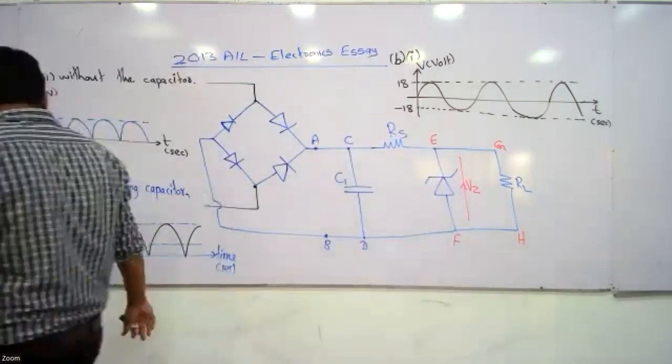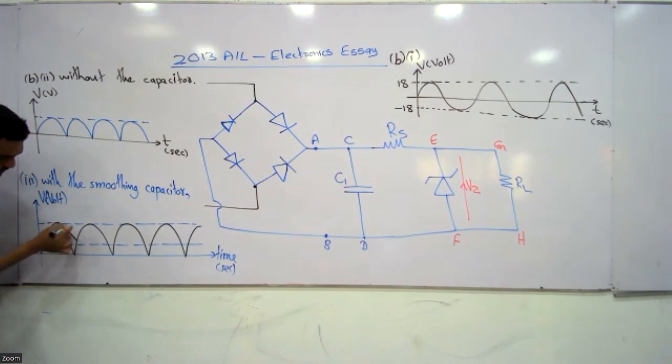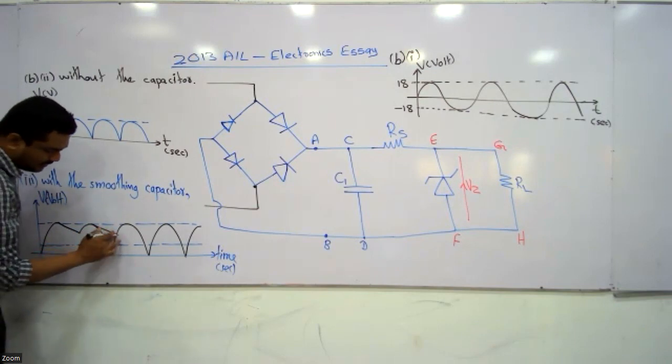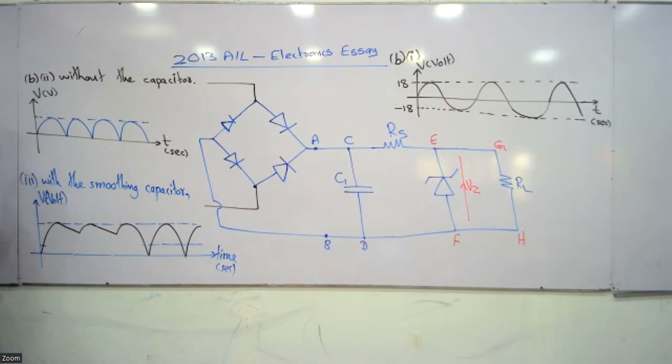But once the smoothing capacitor is used, when the voltage is going to be reduced, the capacitor gives a voltage. Therefore, this part is cancelled. Can you understand it? So there will be a straight line graph. Again, when the voltage is going to reduce, the capacitor gives a voltage, so there is no voltage drop like this.